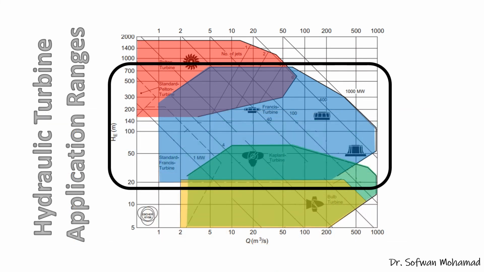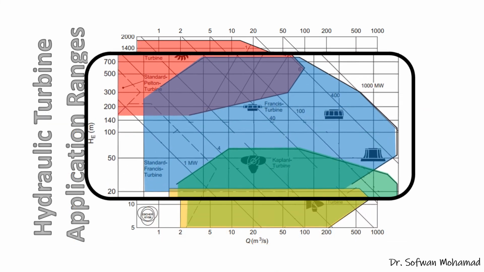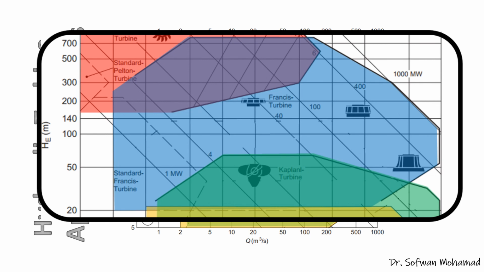Now we go further up, we can find a new type of runner, which is the Francis runner. Francis runner has the widest range of applications. We can see clearly here, the blue area covers from 20 meters all the way up to about 800 meters head.